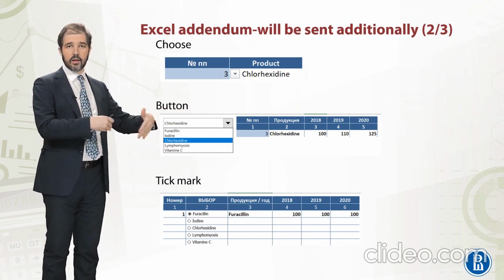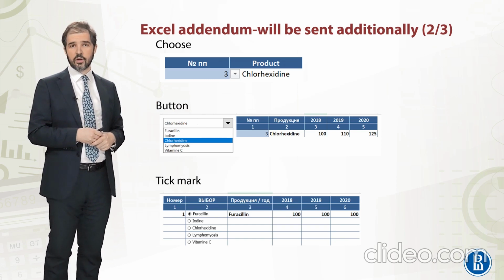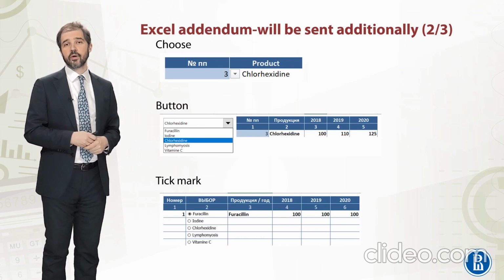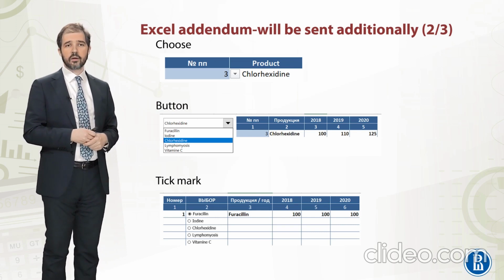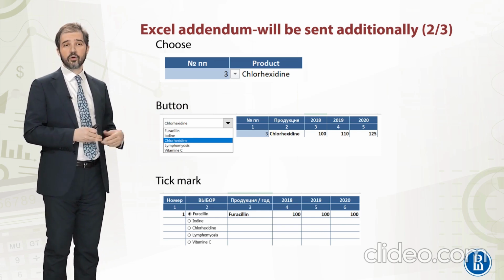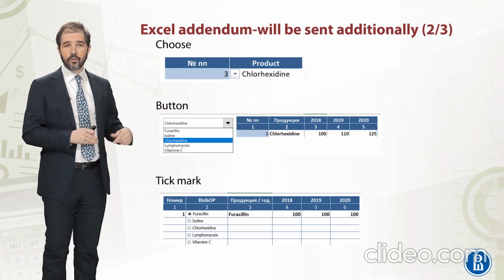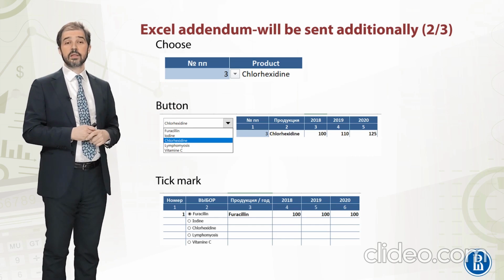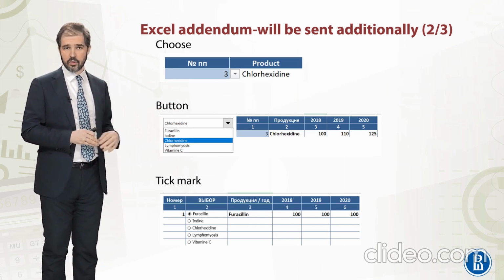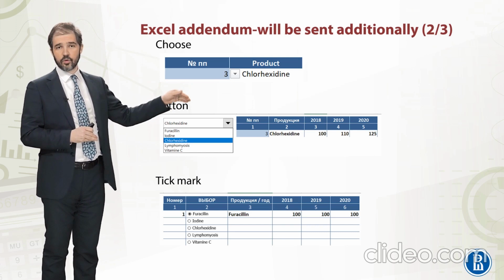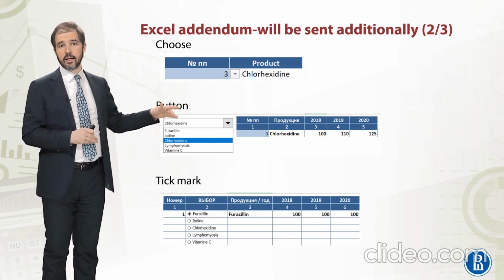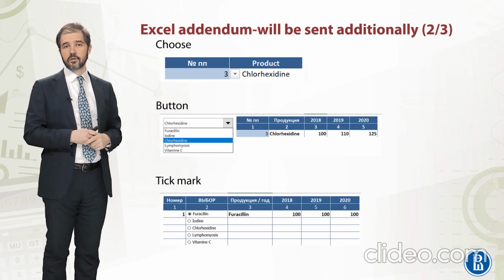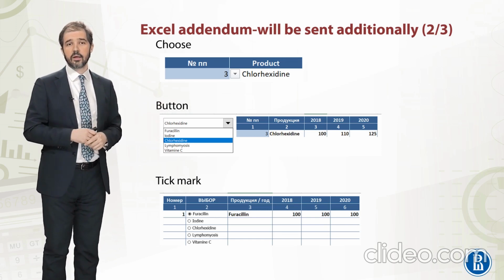And again, you may link to your financial model, and this will result in changes in your final ratios. And also, you may have a tick mark when you select just one of the possible products, and this product will be automatically selected and reflected in the table here.